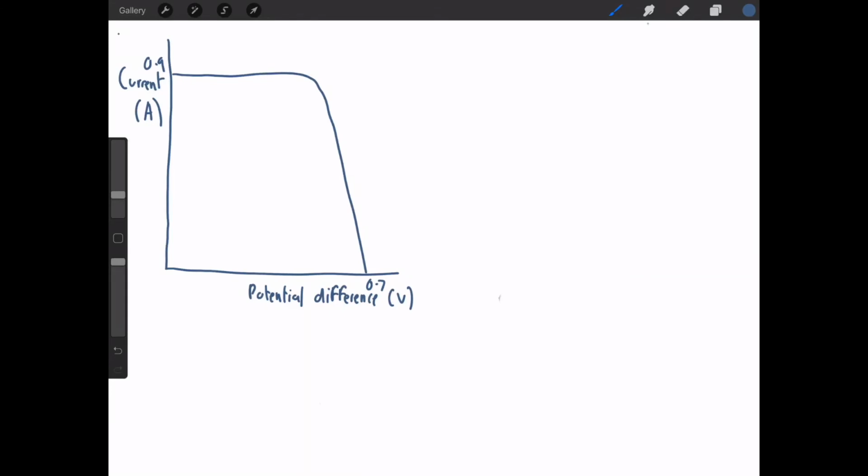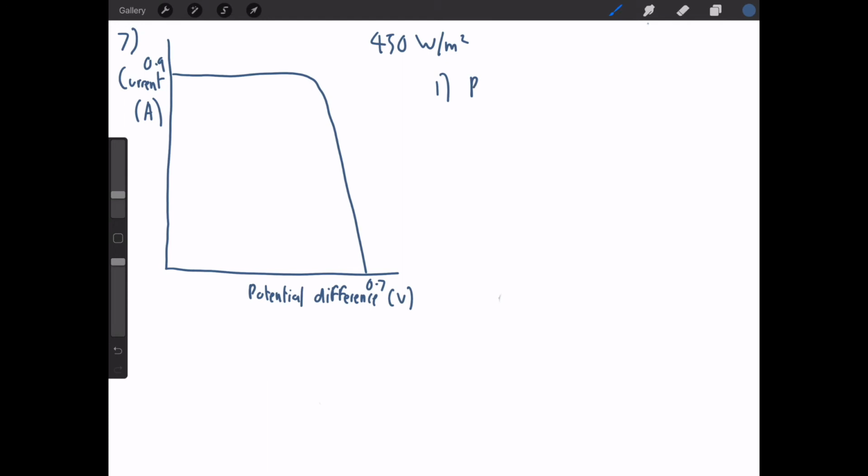Right, question 7. Quite a tricky one, another electricity question. So we've got a graph here of current against potential difference for a solar cell, where light of 450 watts per metre squared is incident on it. First one's easy. Determine the power output of the solar cell when the potential difference is 0.5 volts.